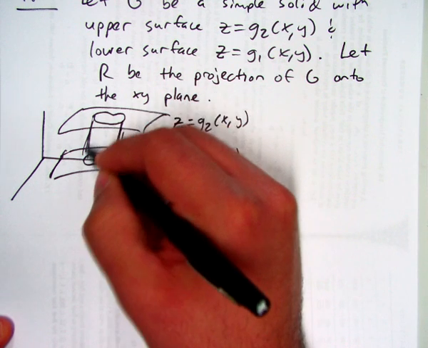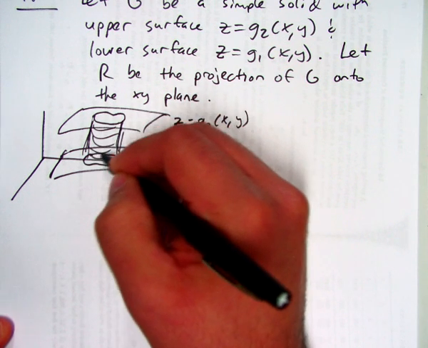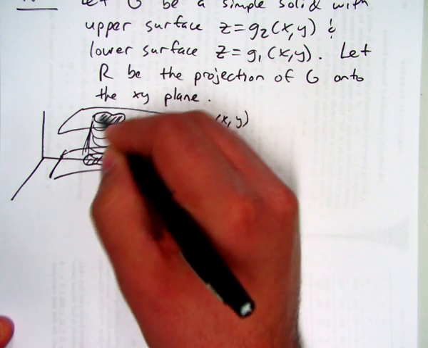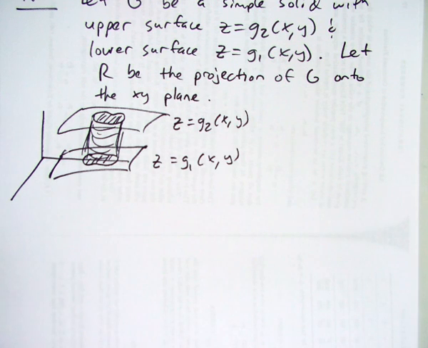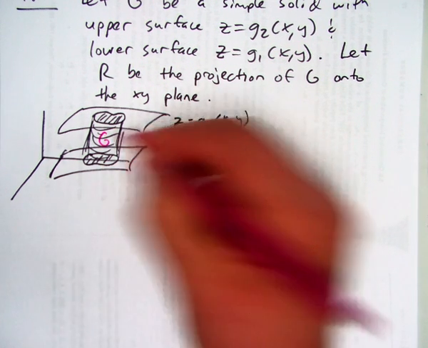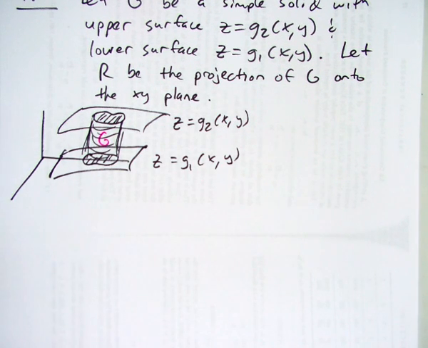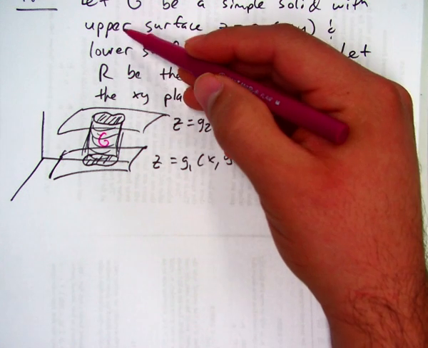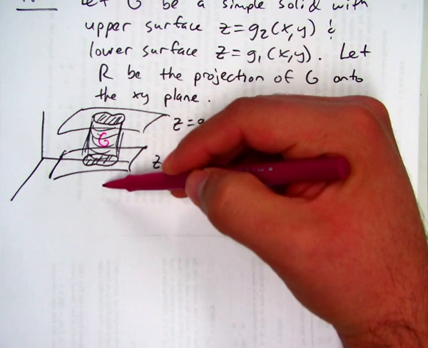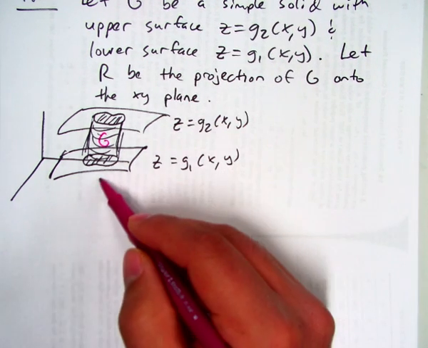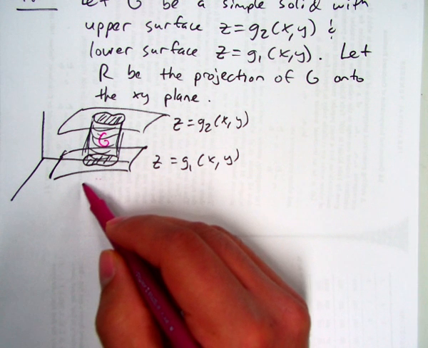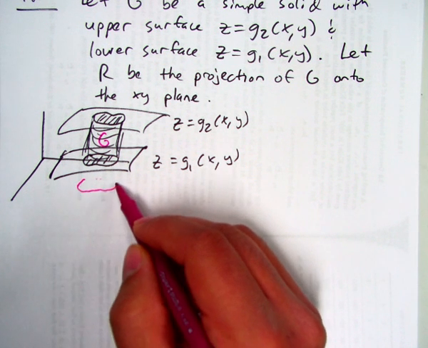So here's our solid. So this is G. And now if you look from top down, this is going to create a shadow on the xy plane, which is what we mean by the projection. That little shadow is R.